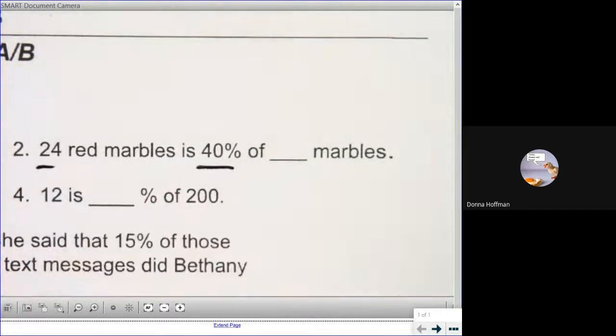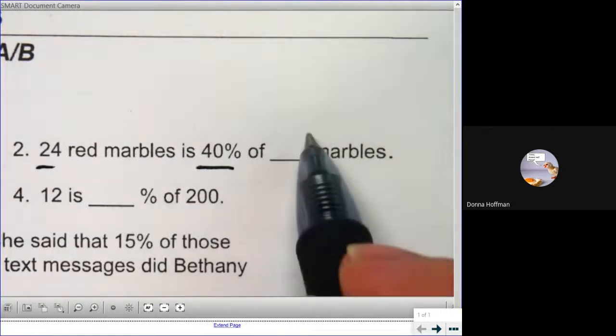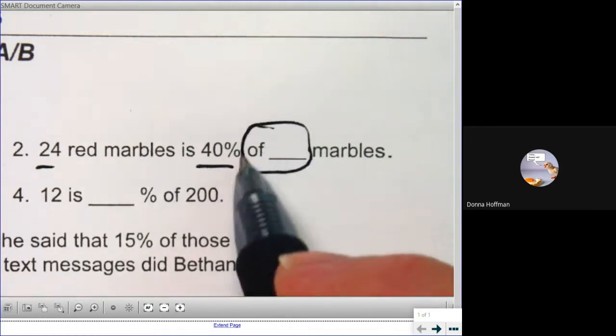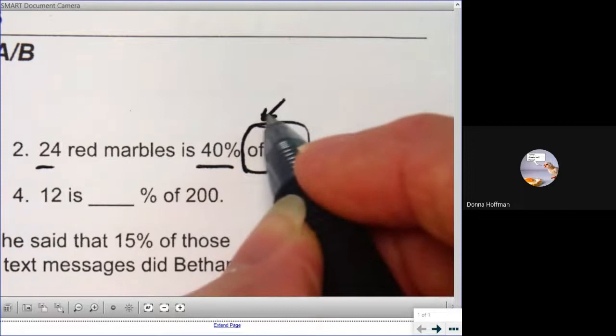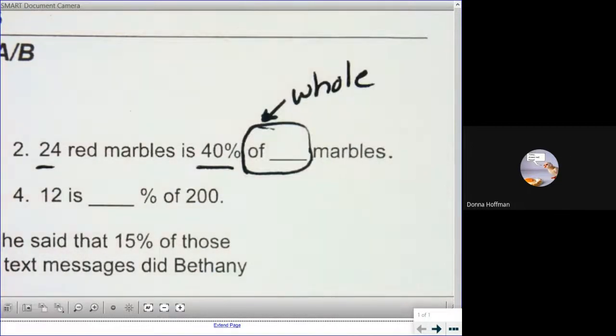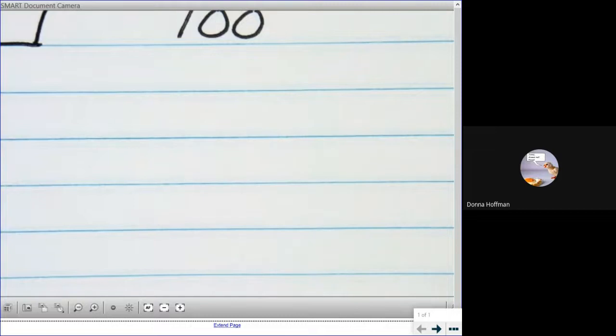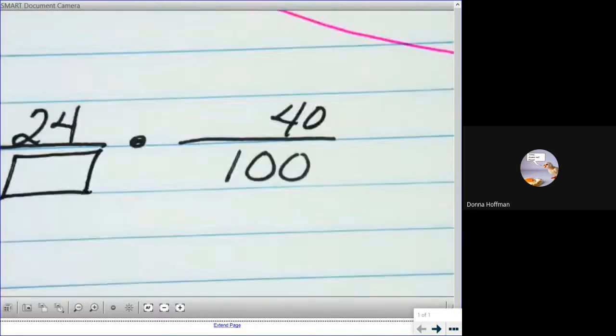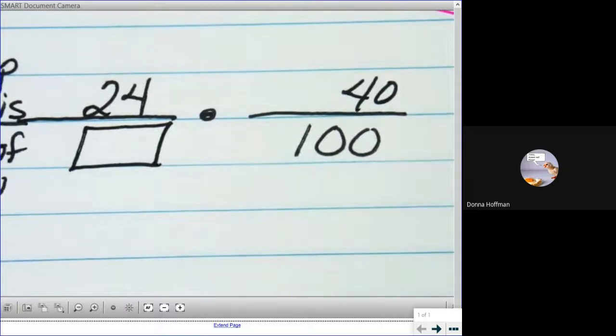And what is my X? That's the whole. And I know that because the word of. So that's my X. I'll put an empty box there so I can plug my number into it.